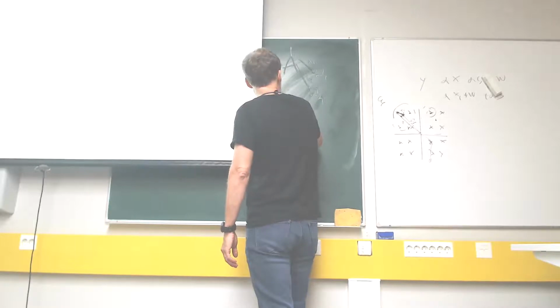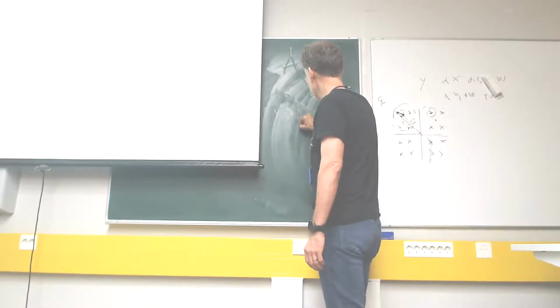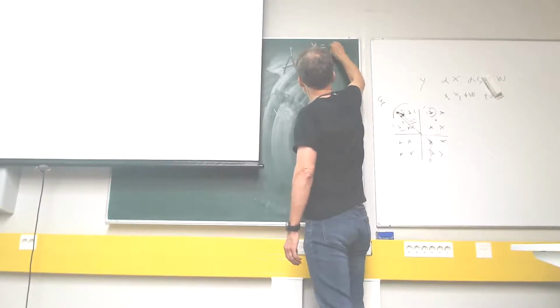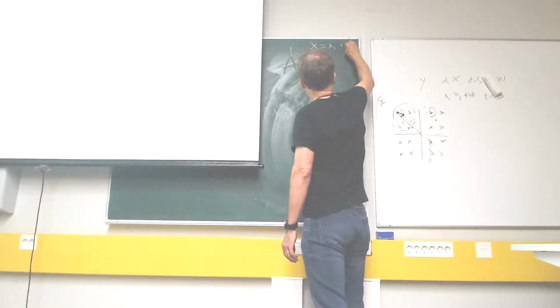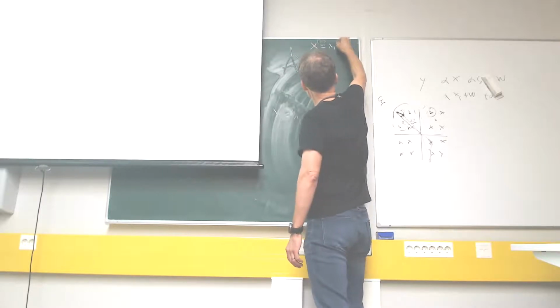If you look at the received signal at user 1, that's H1. We generate the message X, which is X1 plus X2, and obviously the time index is here as well.